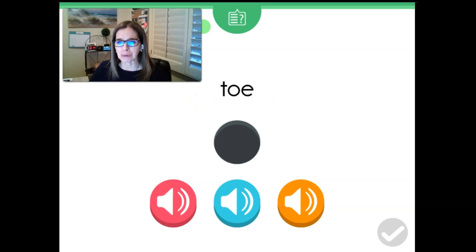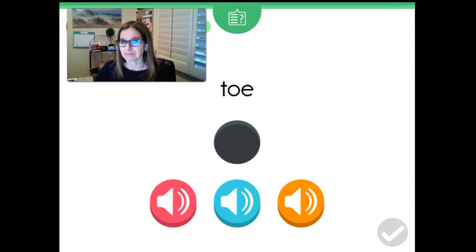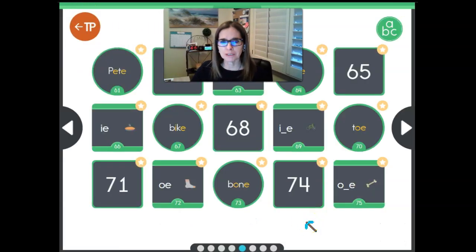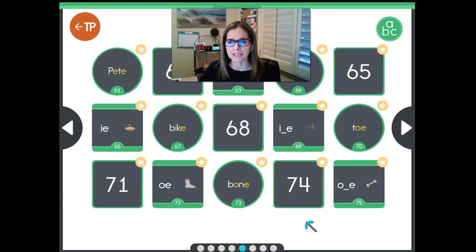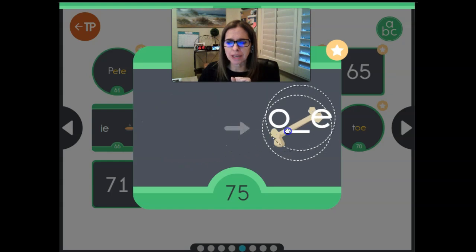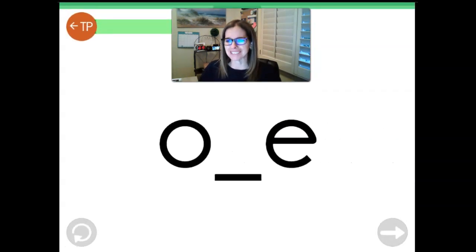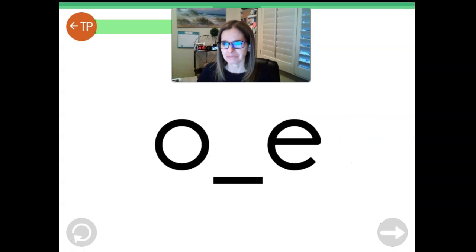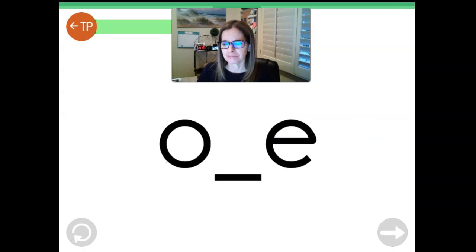Now we are going to go on to another spelling for the O sound. We are still exploring the O sound. So I see the O separated E spelling for the O sound, and I'm going to drag it on top of this bone. Let's see what happens. O, bone. O, as in bone.